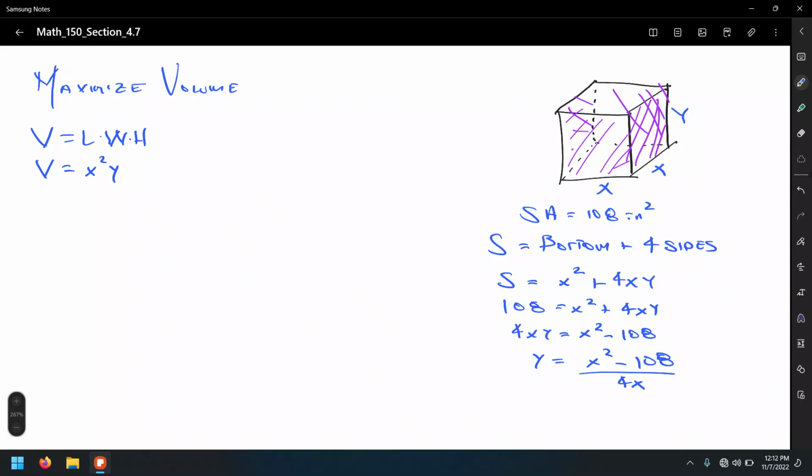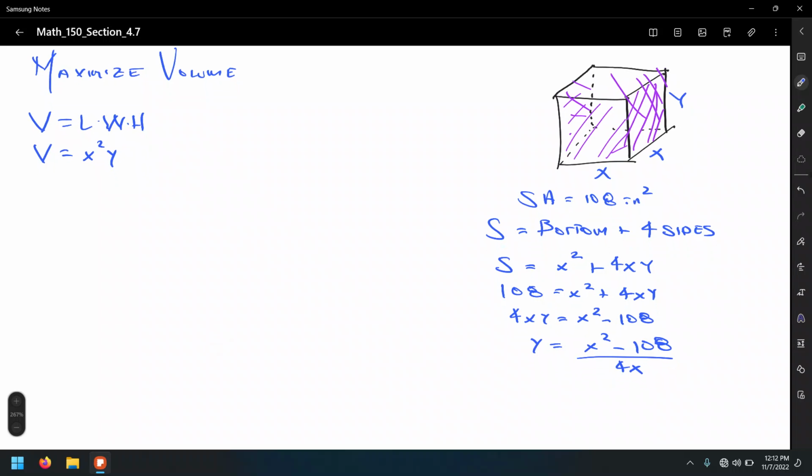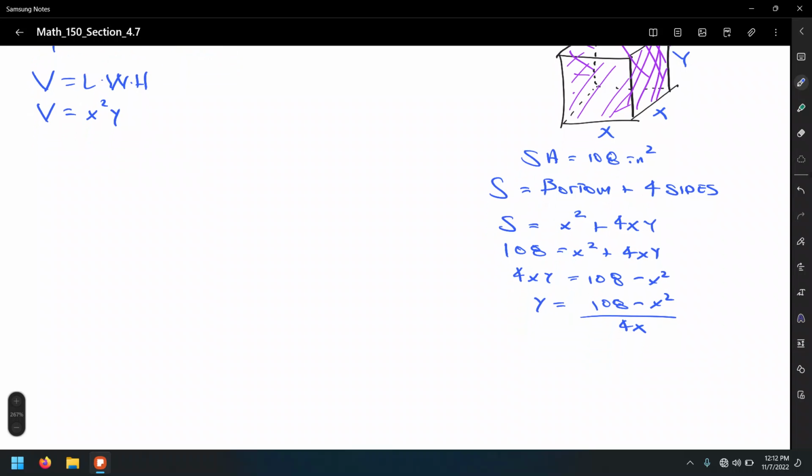When you move it to the other side, it would actually be 108 minus x squared. All right, thank you. And so that's our y.